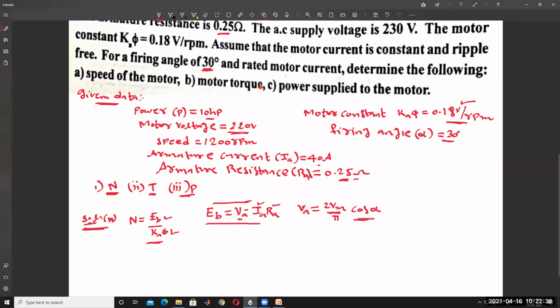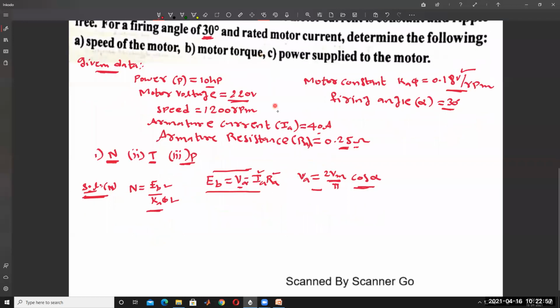Alpha is known, and Vm is the AC input supply voltage. After finding Va, substitute it here to get Eb, and then substitute to get the speed. So that is the first problem. Understood?